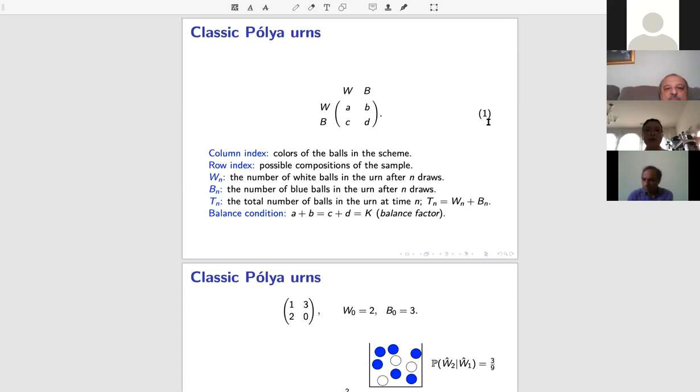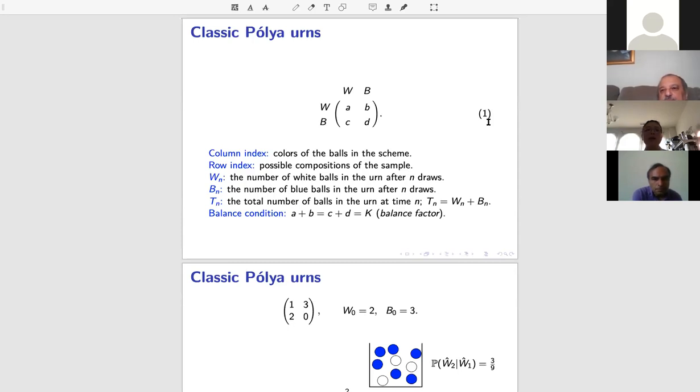For a classic Pólya urn and most further generalizations of this class, we usually impose the balance condition, so that the row sum of this matrix is a fixed constant K. This K we call the balance factor.